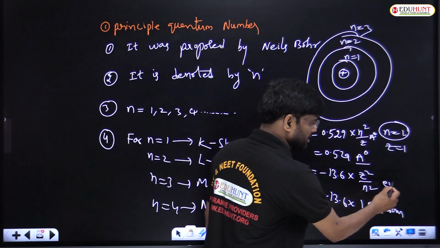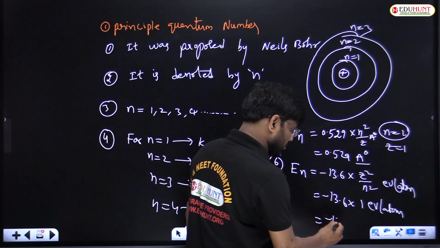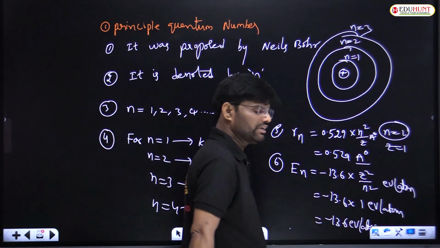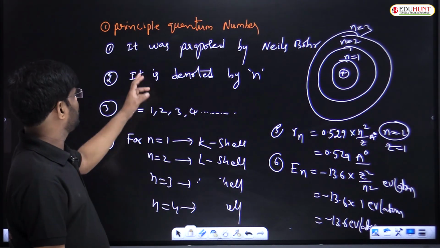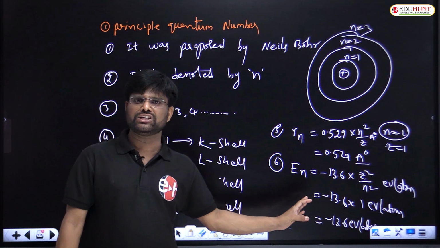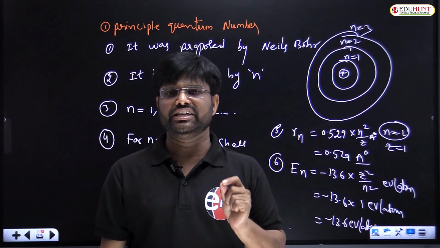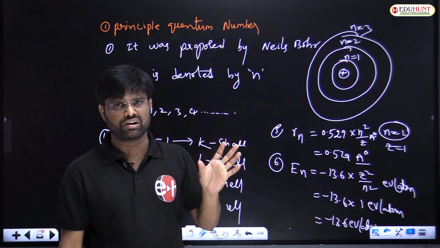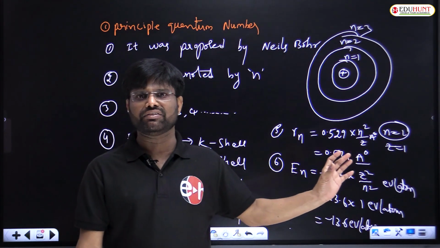So the answer is minus 13.6 electron volt per atom. This is the first orbit energy. So it signifies the radius of the orbit and the energy of an electron.